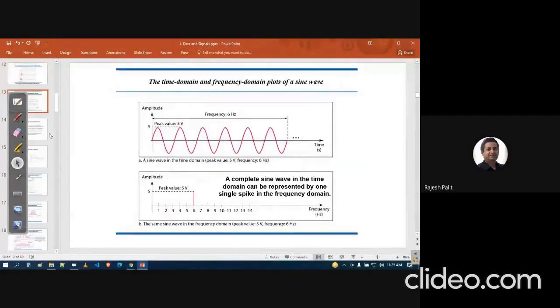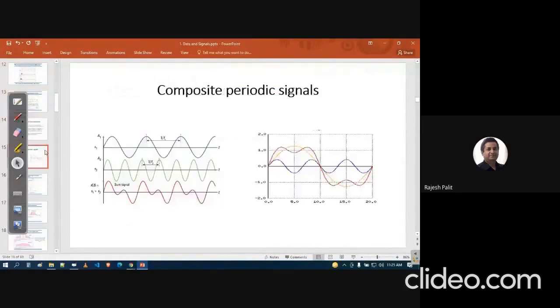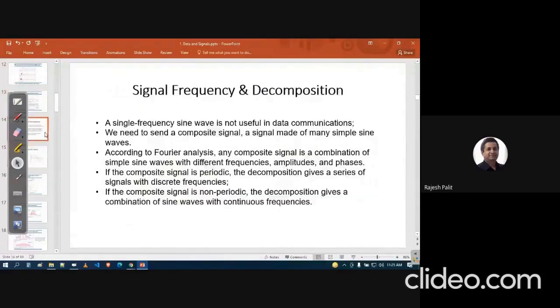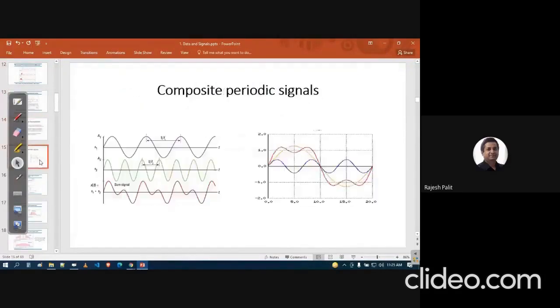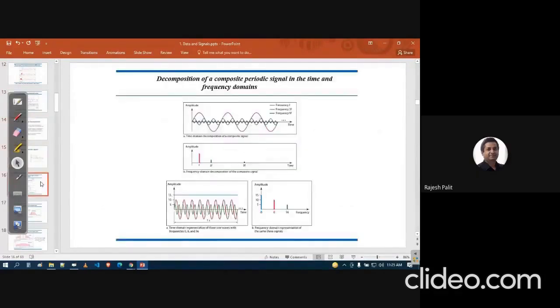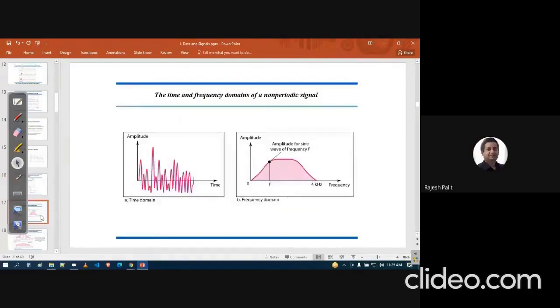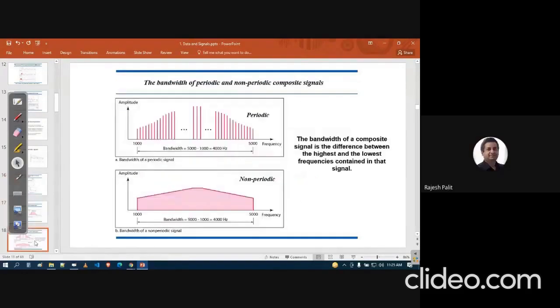We talked about this thing. We talked about frequency and decomposition, and then time domain and frequency domain we discussed, right? Yes, sir, we discussed that.